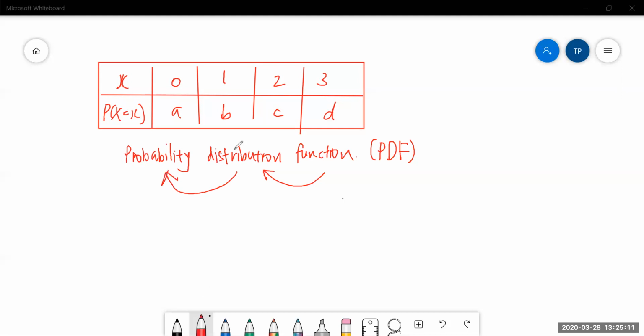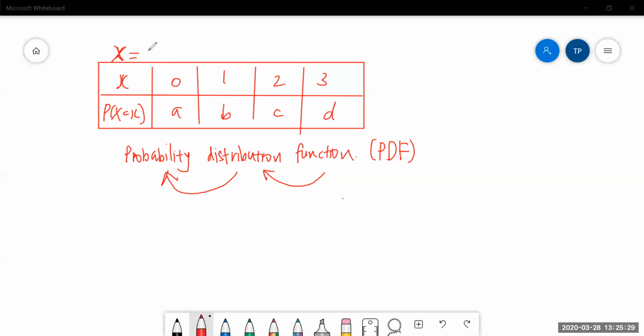It tells you that when x is equal to 0, it is this probability. When x is equal to 1, it's equal to this probability. Understand? Now it is hard to see because, very important, by right we should be defining what x is.